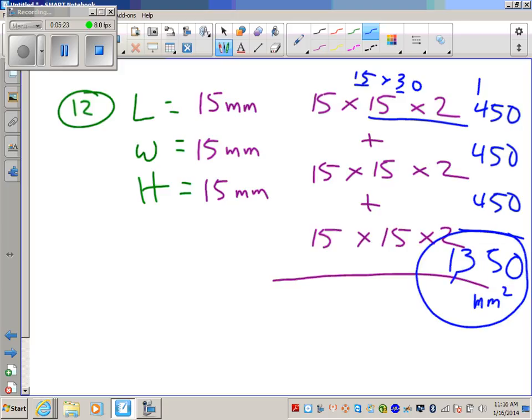Now, the other way to look at it is that if it's a cube, it's going to be made up of 6 faces, right? All of those 6 faces are going to be the same. So all you need to do is find out what one of the faces is going to be, side times side, and multiply it by 6.